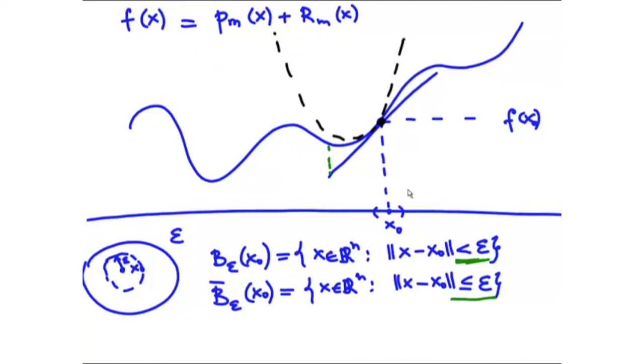In general, I could have a higher degree polynomial approximation of our function.